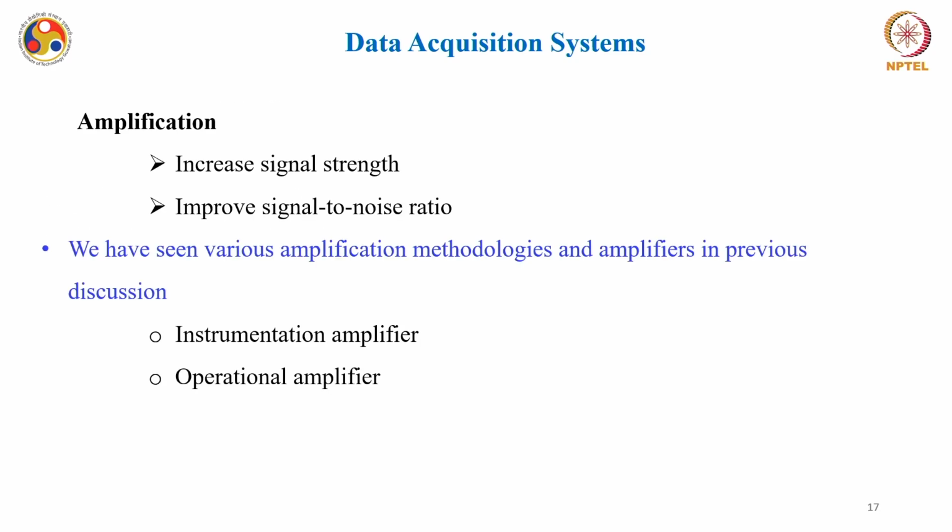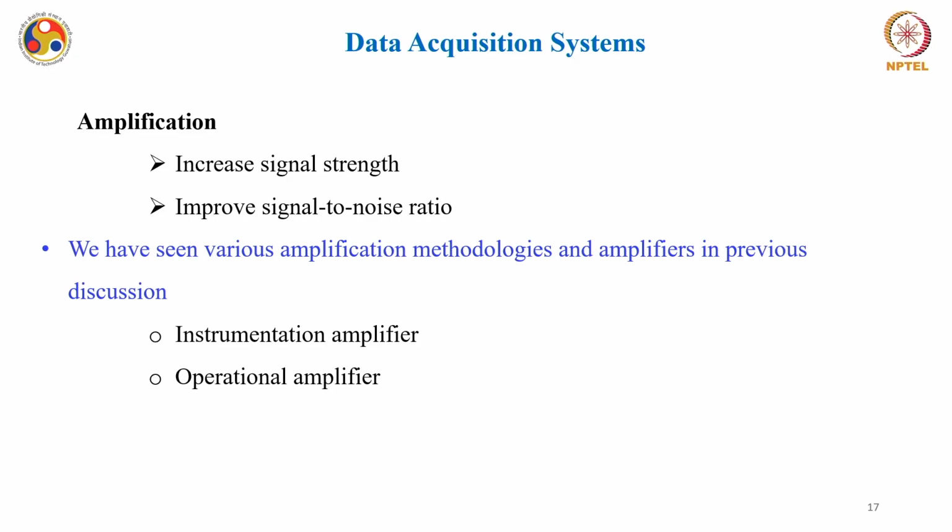Like we have already seen amplification in detail, where we have discussed op amps and instrumentation amplifier. So, the idea is to increase the signal strength that is coming from the sensor or transducer, and this improvement in the signal strength will also simultaneously improve the signal to noise ratio.